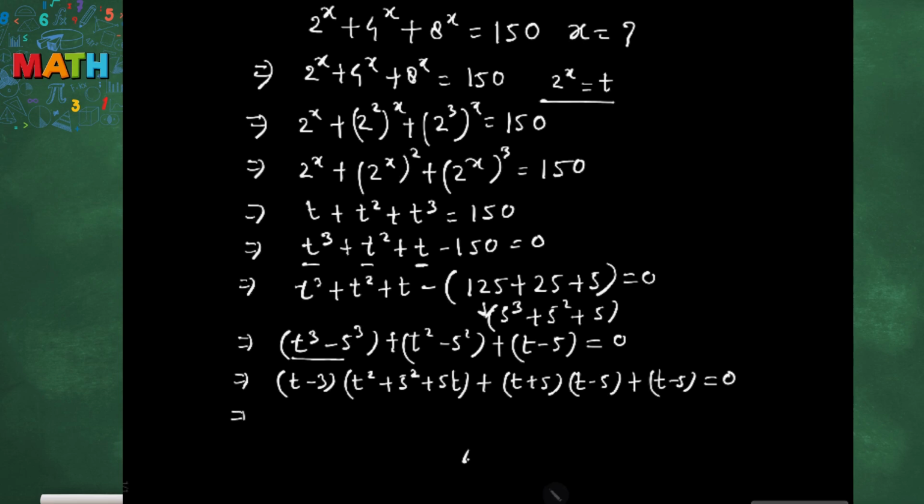Now t minus 5 I can take common, so what is left inside is t square plus 25 plus 5t, this is in one bracket, plus I have taken common t minus 5, so here we are only left with t plus 5, and this is equal to 0.